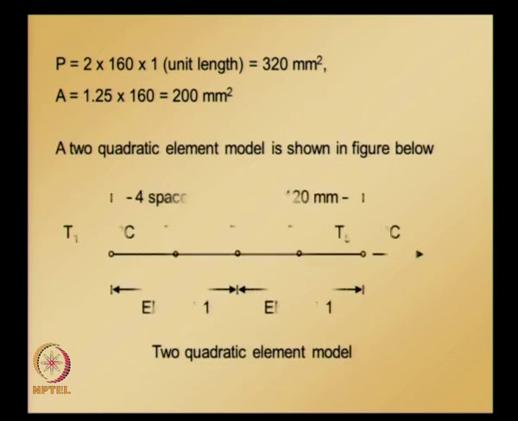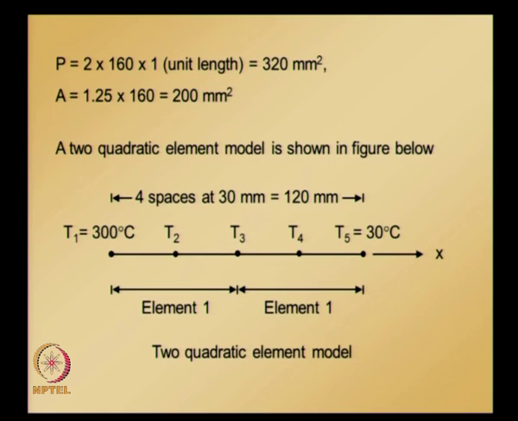Entire domain of this rectangular fin is divided using 2 quadratic elements with 5 nodes equally spaced, and the temperatures corresponding to each of these 5 nodes are shown: T1, T2, T3, T4, T5.